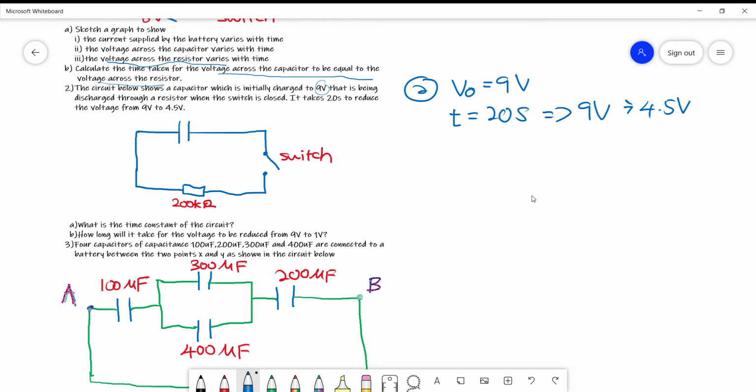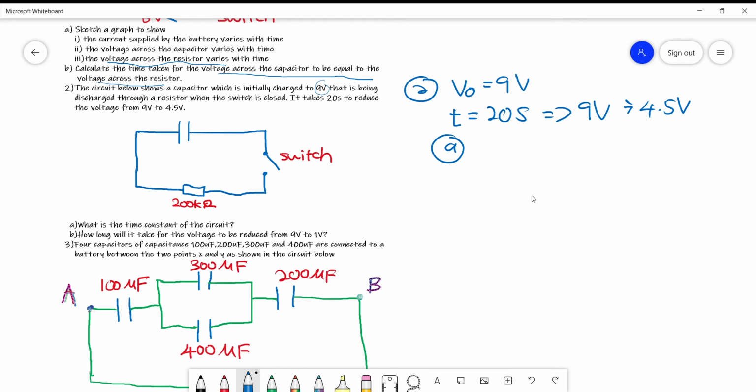Let me look for a while. I have my 200 kilo-ohm and I have my 9 volts.